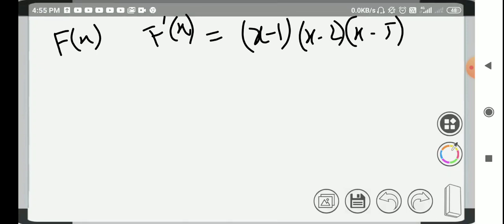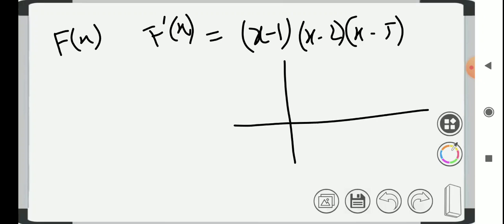So you can easily graph this function. At x equals 0 we have a negative value, minus 10, and at x equals 1, 2, 5 we have the roots of this function.